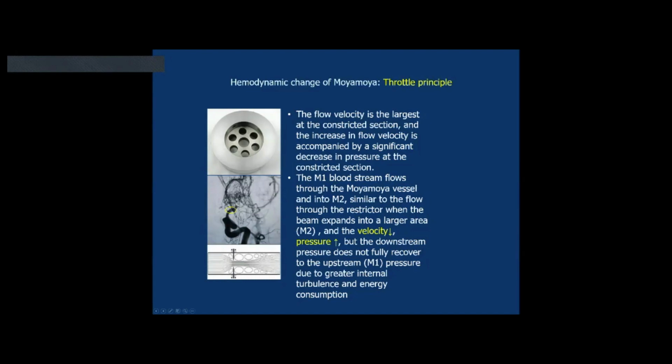The M1 bloodstream flows through the Moyamoya vessels and into M2, similar to the flow through a restrictor when the beam expands into a larger area. The velocity decreased and pressure increased, but the downstream pressure doesn't fully recover to the upstream pressure due to greater internal turbulence and energy consumption.